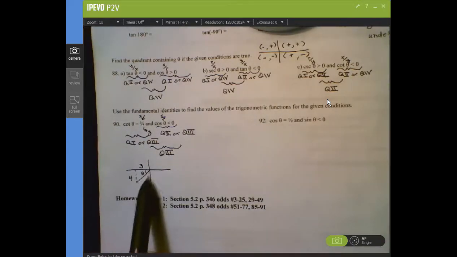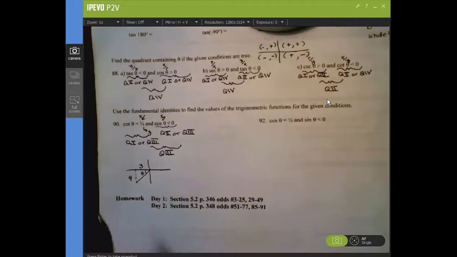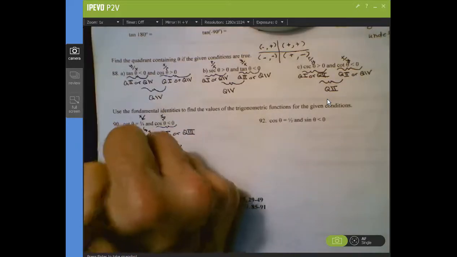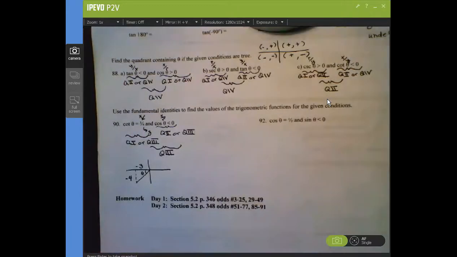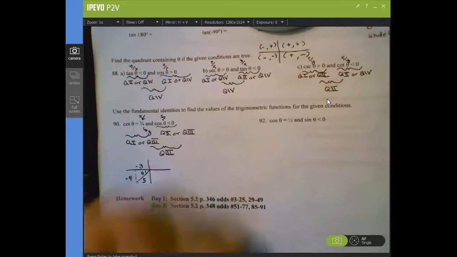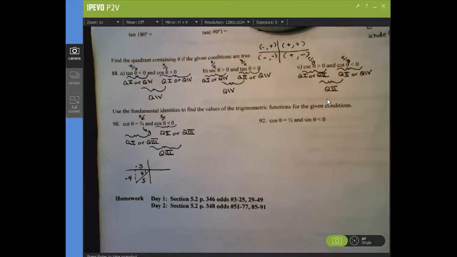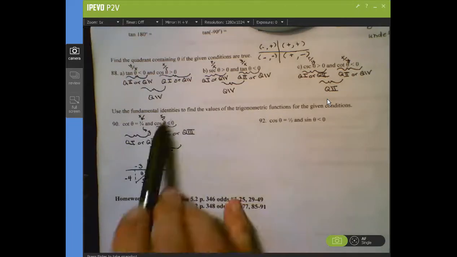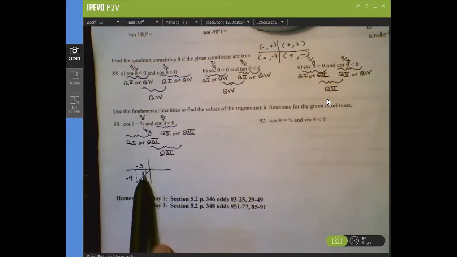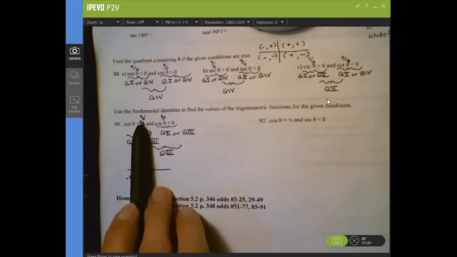Except for the fact that I've already determined that this is a third quadrant angle, which means the x and the y both need to be negative. By the Pythagorean theorem, I would get the hypotenuse as 5. Let's check that everything agrees with what we were given. Is the cotangent of my theta 3/4, positive 3/4?